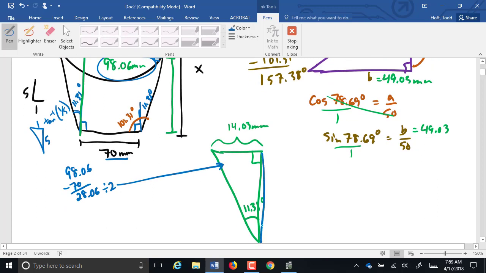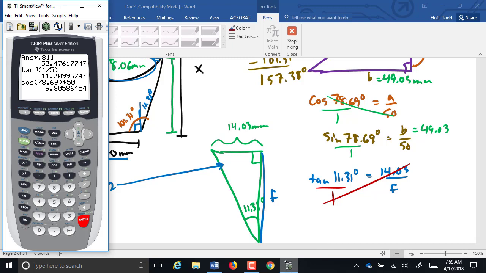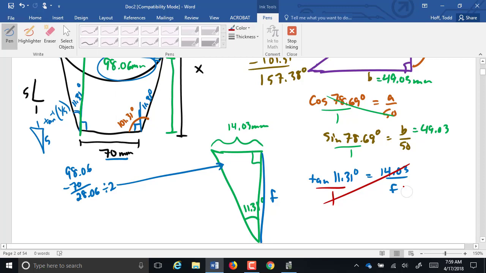I need the height. I'll call that F. Tangent of 11.31 equals opposite side, 14.03, over adjacent of F. So we're going to cross multiply: 1 times 14.03 is 14.03 divided by the tangent of 11.31. 70.15.